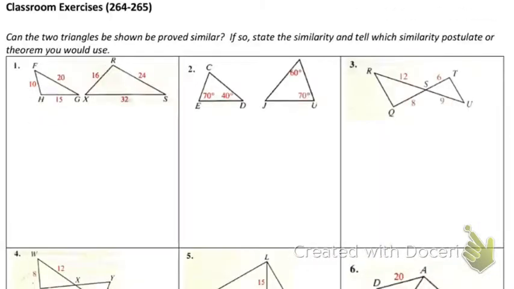Okay, so let's do these first three together. Once again, I'm going to look at these two triangles, trying to decide if they are similar. So I'm just going to label everything small, medium, large. This 10 is my small, this 15 is my medium, and 20 is my large. 16 is my small, 24 is my medium, 32 is my large.